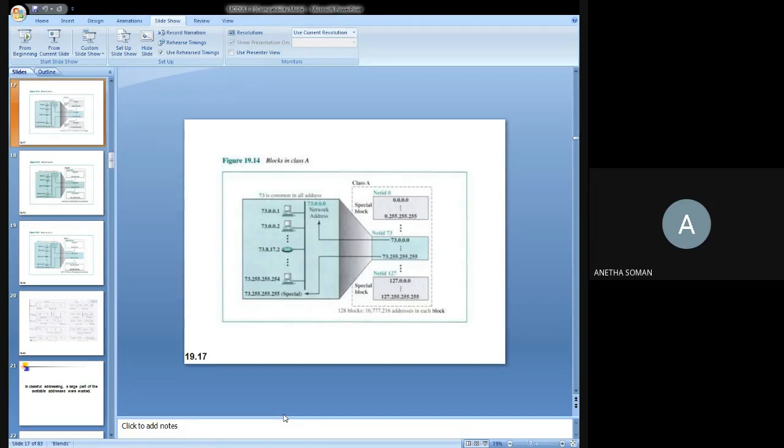So what I told is, in classful addressing, in class A, you have 128 fixed blocks, and each block has a size of 16,777,216. So what do you understand from this logic? You have 128 organizations, and each organization is provided with 16 million addresses.